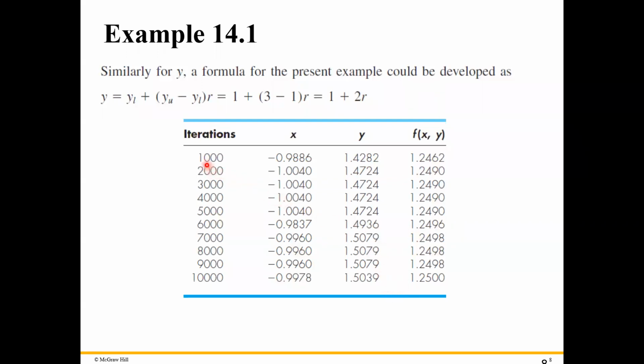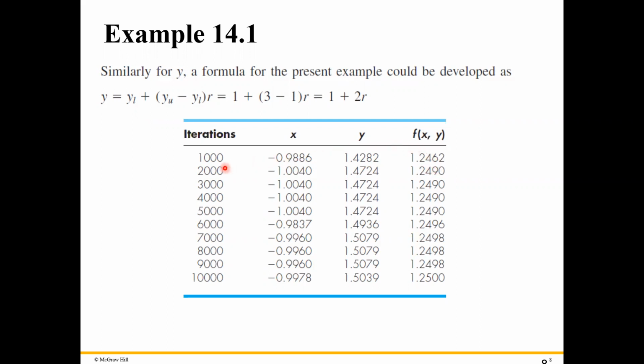For example, if we apply this 1000 times, we may get something like this. The value of x will be minus 0.9886, the value of y will be about 1.4282, and the maximum value of the function will be 1.2462.